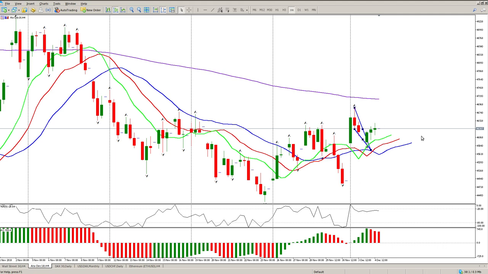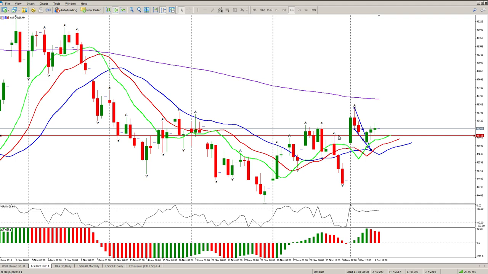So we are still above the, and it came back to test the alligator as well, which is the other thing. So this is still looking fairly bullish. The fact that we broke above that fractional level there.